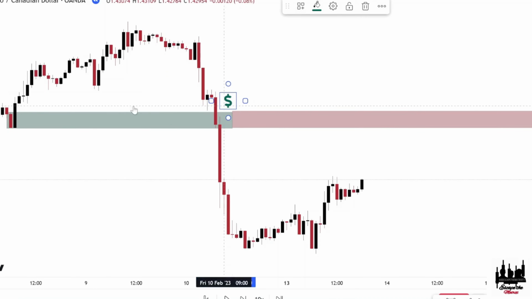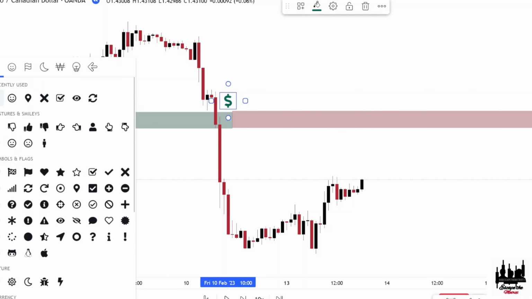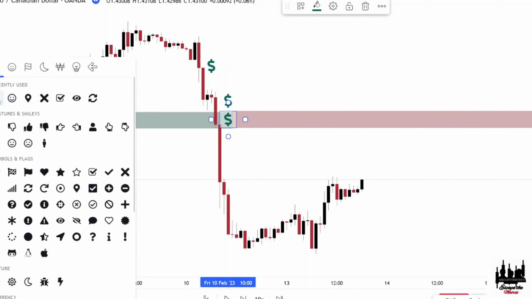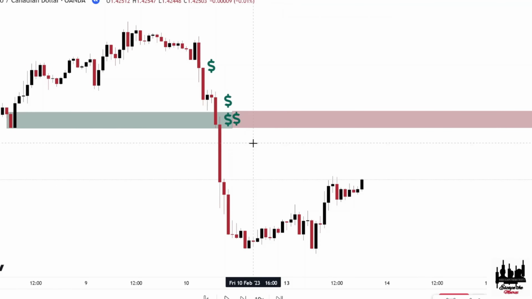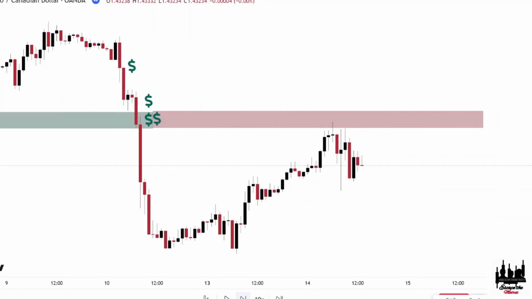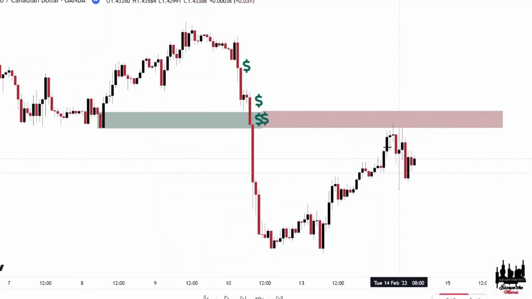We can expect that more money was injected here, here, and as price was passing, there was more money here, here, into more sell orders to push price through our demand zone. So when price revisits this area, we expect a reversal. As you can see, we got a reaction.